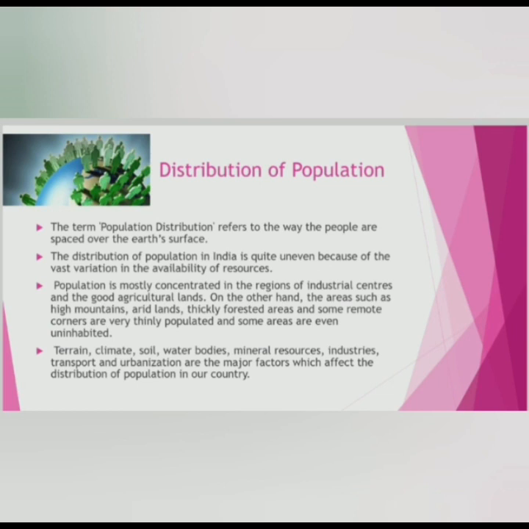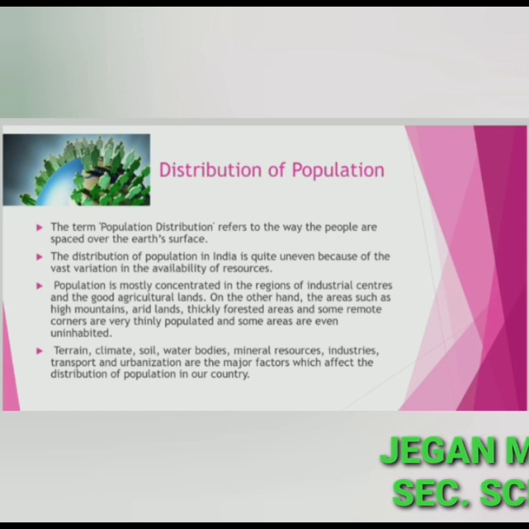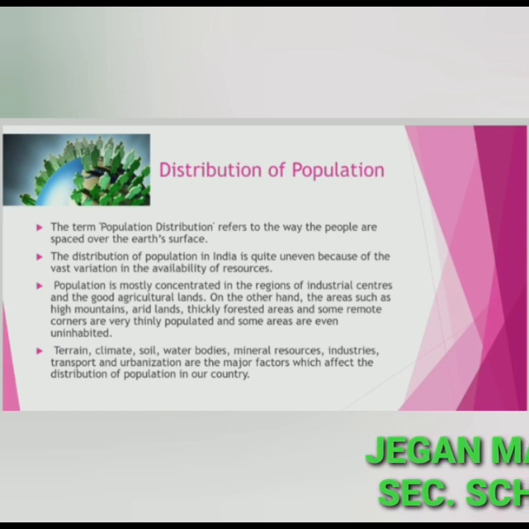Distribution of population. The term population distribution refers to the way the people are spaced over the earth's surface. The distribution of population in India is quite uneven because of the vast variation in the availability of resources.